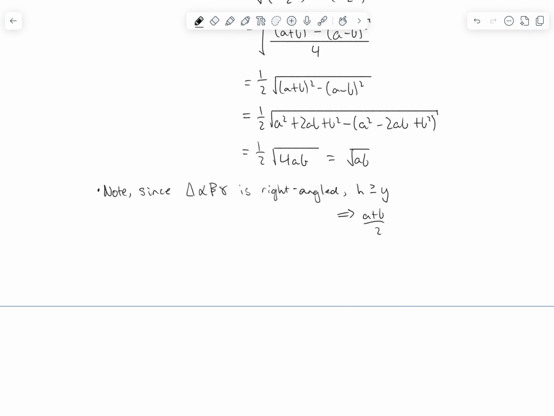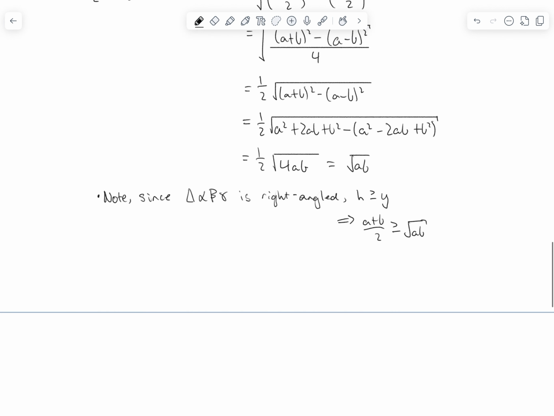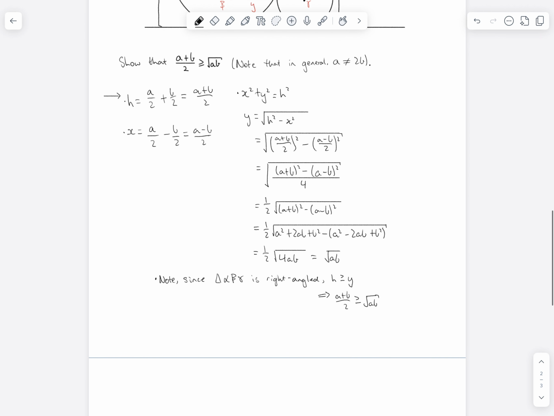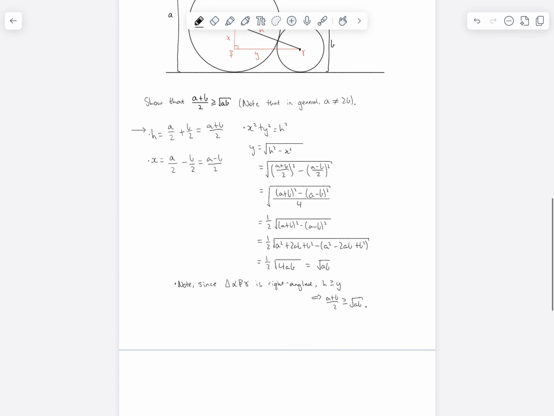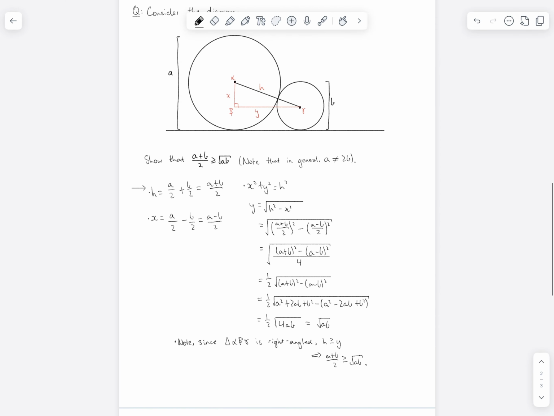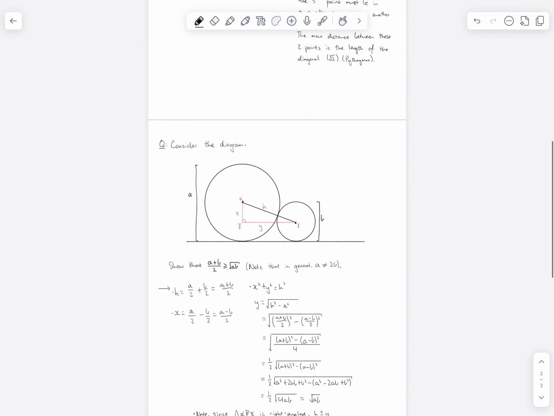And we have an expression for y, which is root ab. And there you have it. So those are two geometric problems of different sorts.